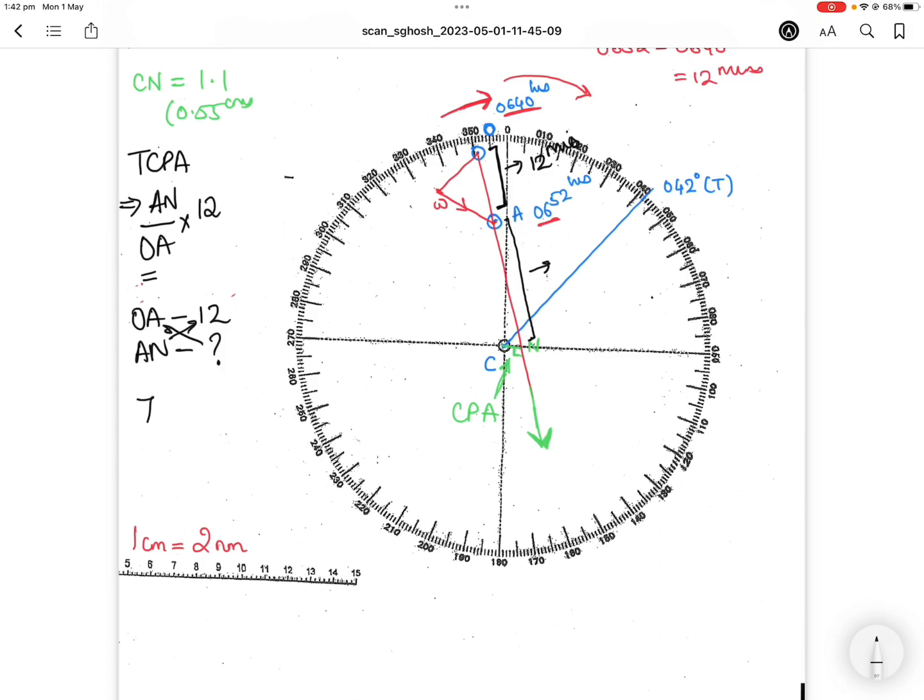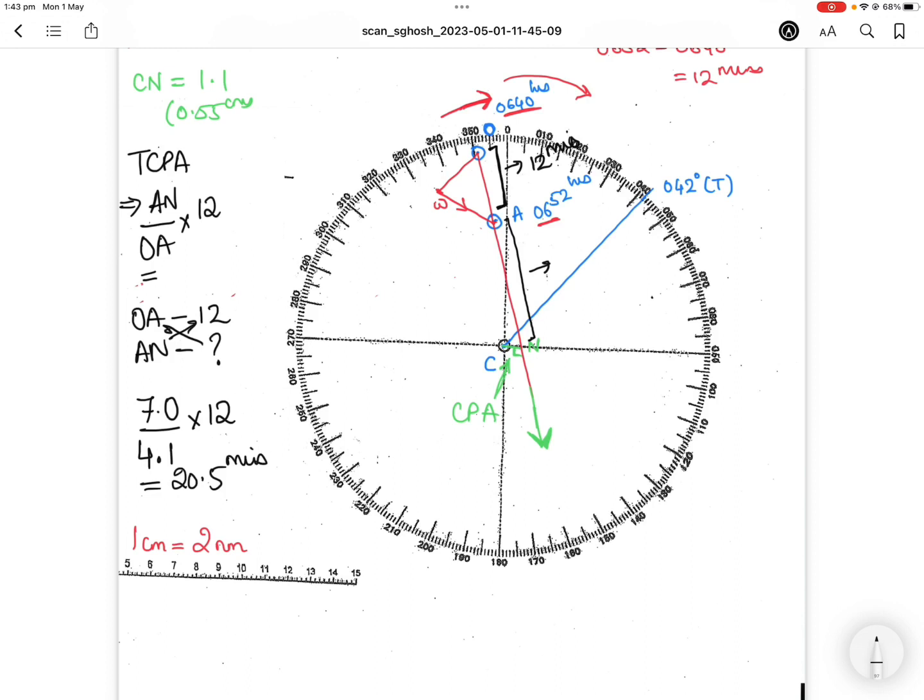So AN I'm getting is 7 nautical miles, and OA we know already is 4.1, because 11 minus 7.1 is 4.1. OA is 4.1, multiplied by 12. So if I multiply 7 by 12, that's 84, divided by 4.1, I get 20.5. So 20.5 minutes.